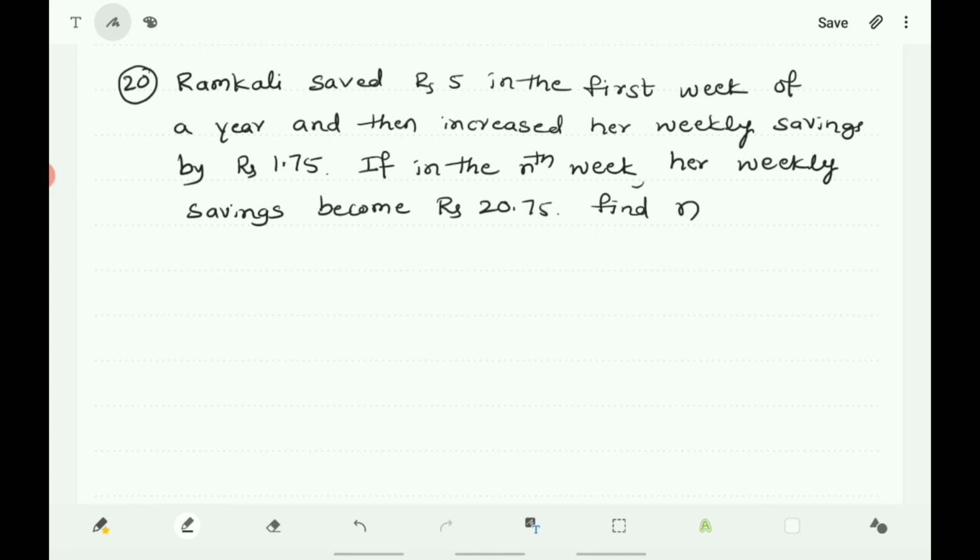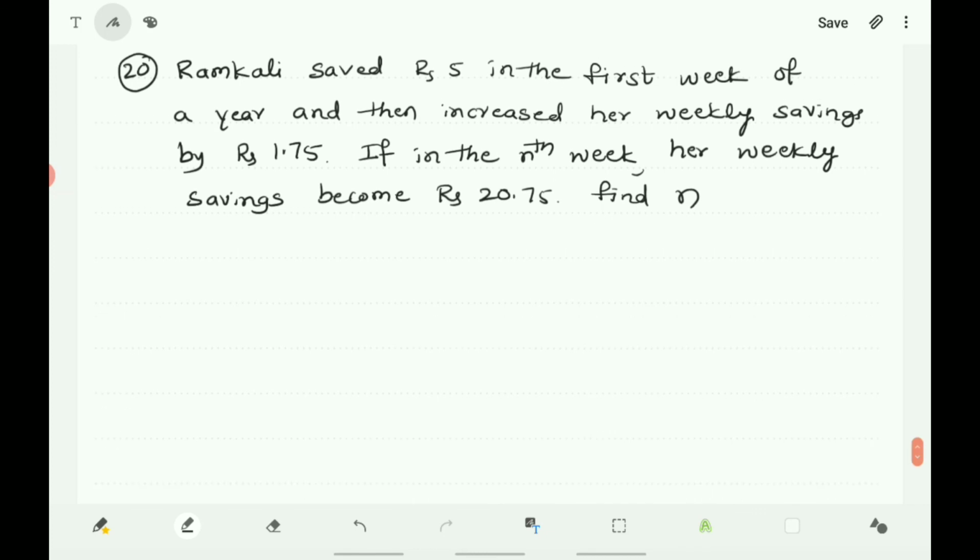If in the nth week her weekly savings becomes rupees 20.75, find N. Here her first saving is rupees 5, that is A is equal to 5, and her weekly increase is D is equal to 1.75, and in the nth week her savings is AN is equal to 20.75.